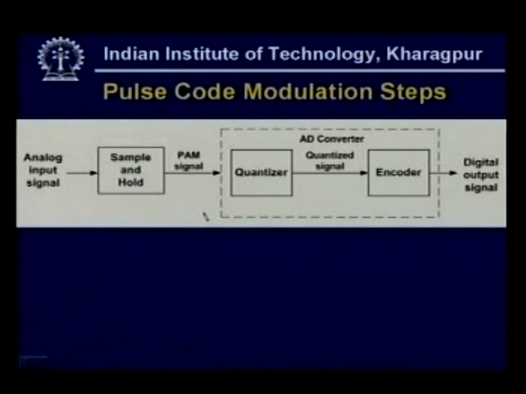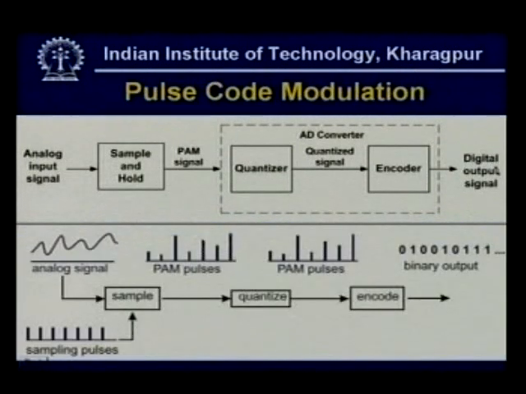So, this is the process. The analog input signal is obtained, maybe with the help of a microphone. If it is voice, then using sample and hold you convert it into a PAM signal. Then the AD converter, which has two parts, quantizer and encoder, generates the digital output as shown here.